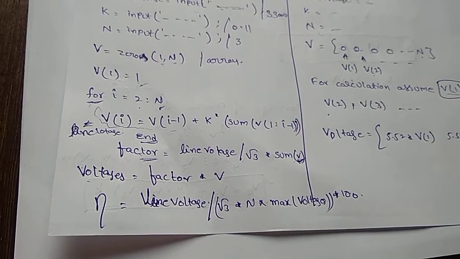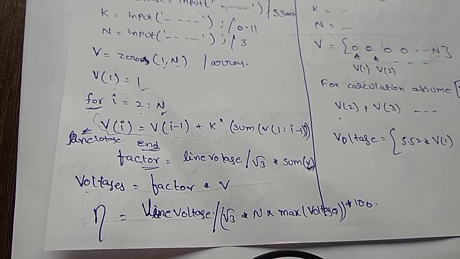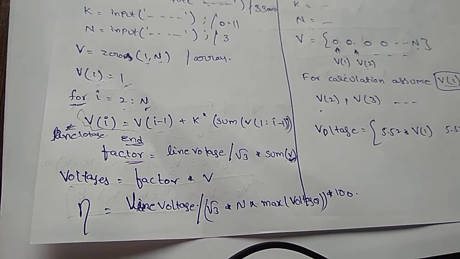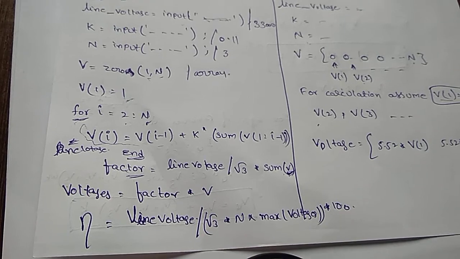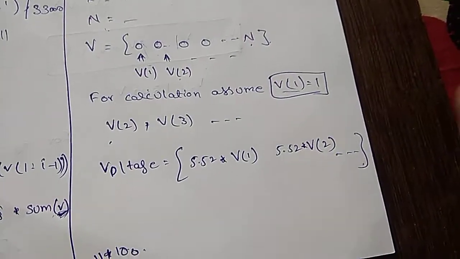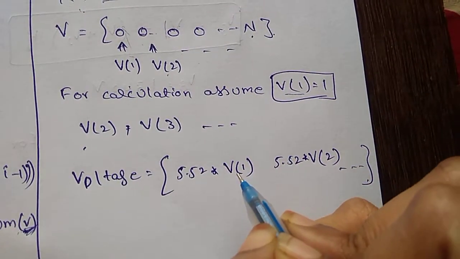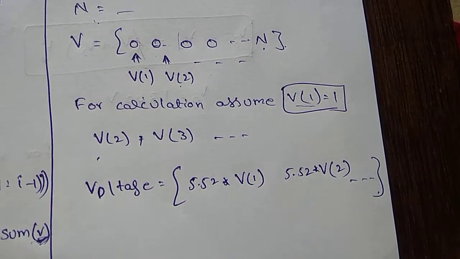After calculating this factor, I am assigning one more variable, voltages, where I am multiplying the factor into V. The factor is nothing but 5.52, multiplied by V of 1.